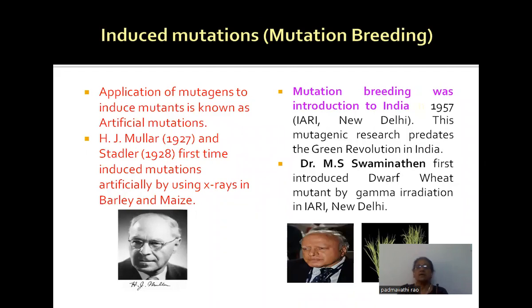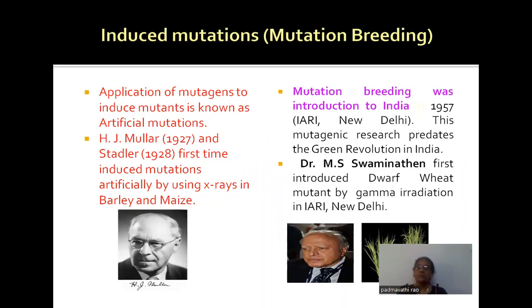In India, in 1957, Dr. M.S. Swaminathan worked on mutations at the Indian Agricultural Research Institute, New Delhi, and he produced a dwarf variety of mutants by using gamma irradiation. In the dwarf variety, the yield is very high, and we can harvest this wheat plant within 1.5 months.